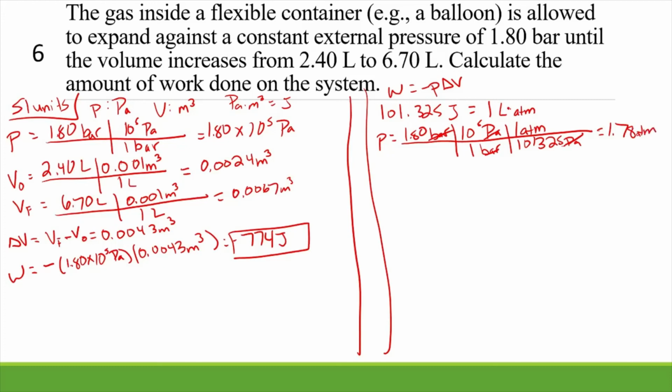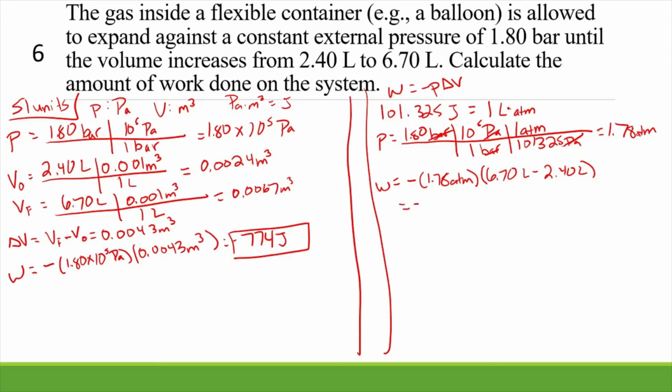Pretty much 1.8 bar. So now we have work equals negative P delta V. So negative P 1.78 ATM times our delta V, which is 6.70 liters minus 2.40 liters.